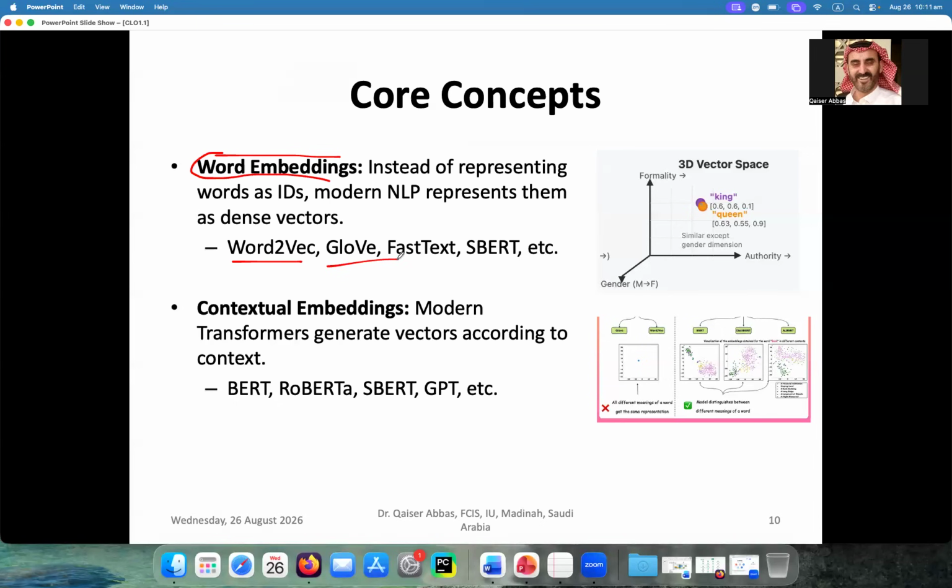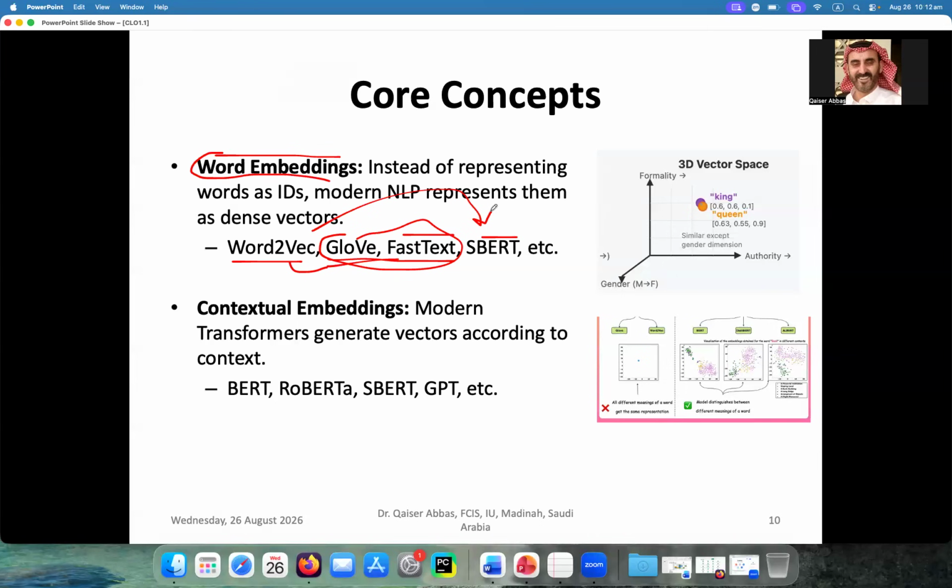And then GloVe, it is also the name of a model, and FastText. So these are the first ones, and then BERT, and SBERT also. Actually, these two were first, and after that I think this one, and then this one. If we go with the sequence, this is the sequence coming into my mind. I can be wrong, but it is coming into my mind.